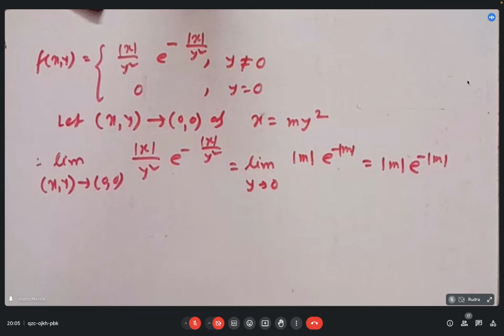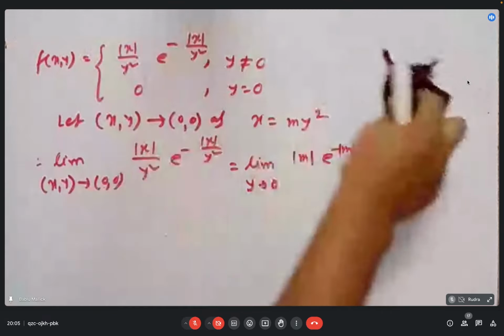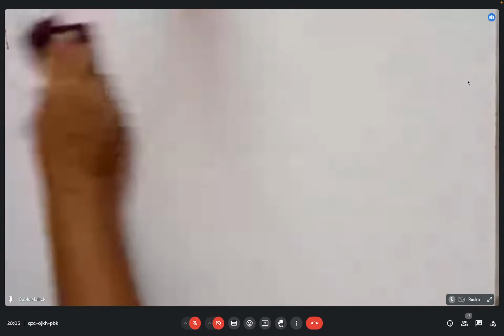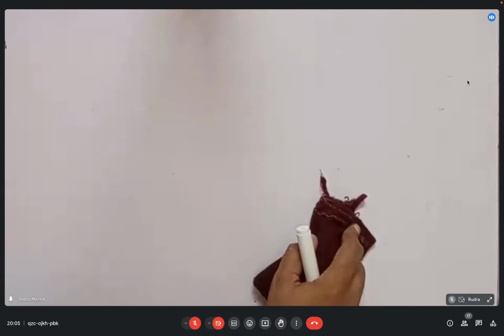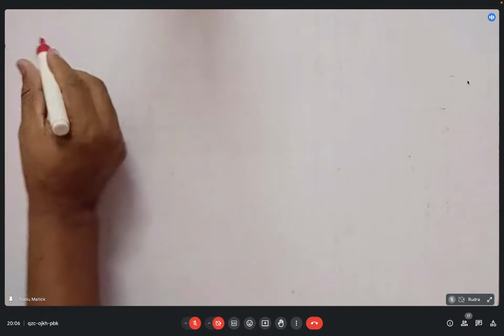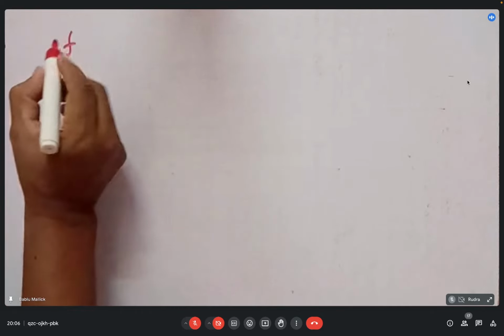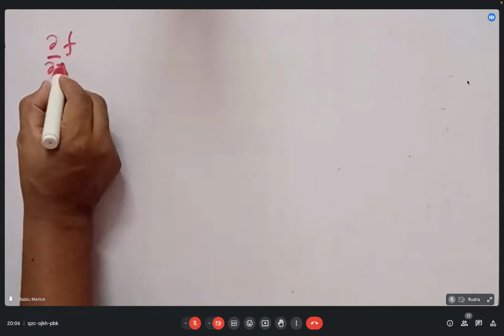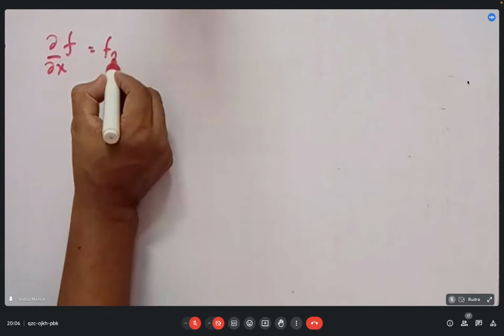Next, look, we have done partial derivative in the case of exact equation in differential equation. Now what is partial derivative? Look at the board. Suppose f is a function. If we differentiate with respect to x, it is del f del x.